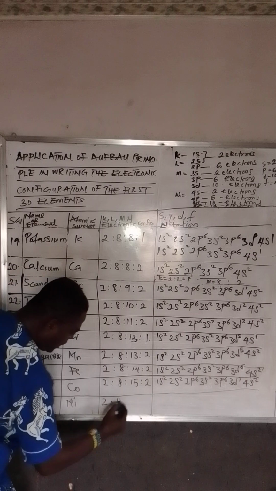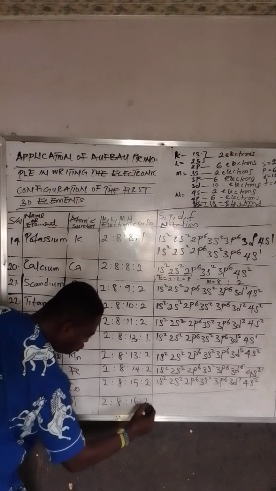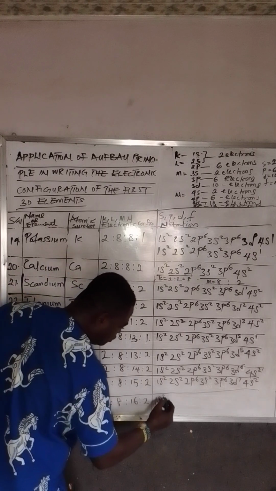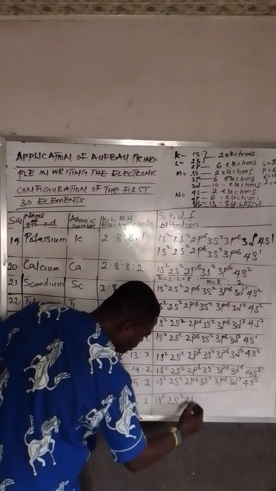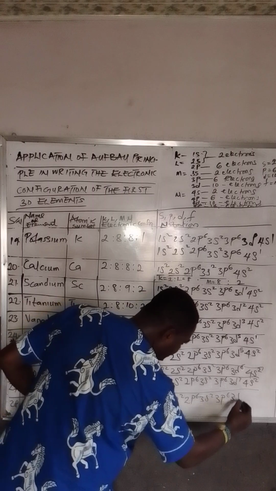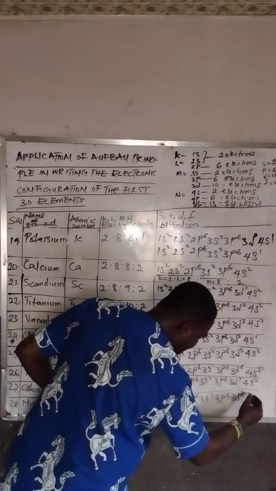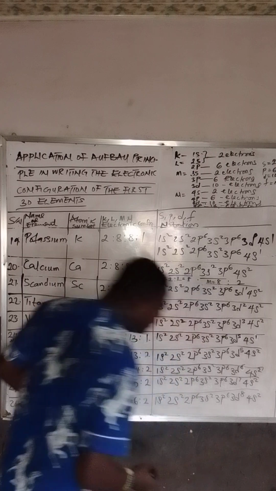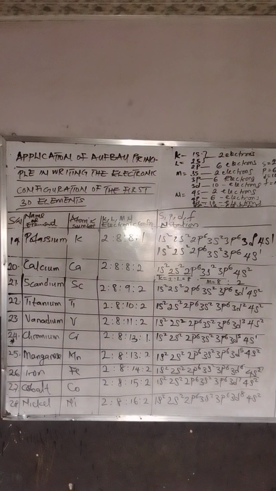That's 2, 8, 16, 2. And the configuration is 1s2, 2s2, 2p6, 3s2, 3p6, 3d8, 4s2. Now, let's look at copper and zinc.